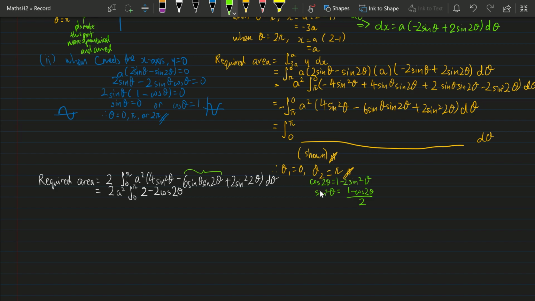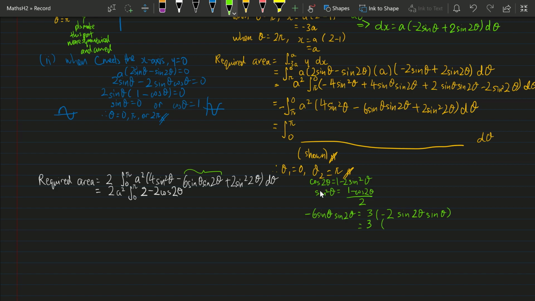So if you have negative 6 sine theta sine 2 theta, right, is equal to 3 times negative 2 sine 2 theta sine theta, which is using the factor formula. You need to be able to work both sides of the formula.